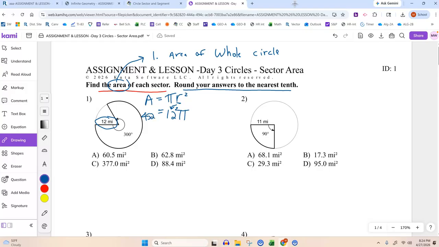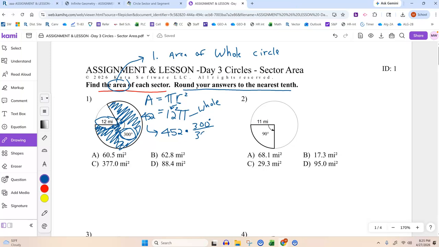Okay, 452 is the answer, but that's for the whole circle, right? So what we need to do is take this 452, or the 12 pi, and multiply it by part of the circle. What part of the circle is this right here? This is this part inside the black line. So how much of the circle is it? Well, it tells us it's 300 degrees. So we're going to go 300 degrees divided by what?